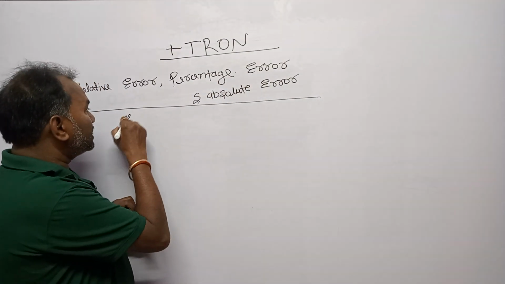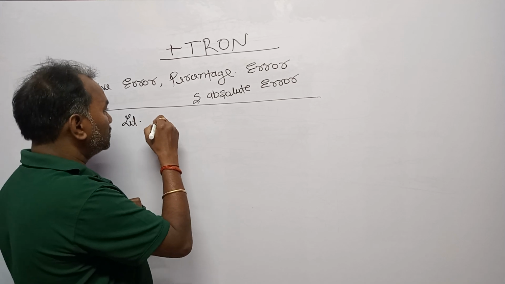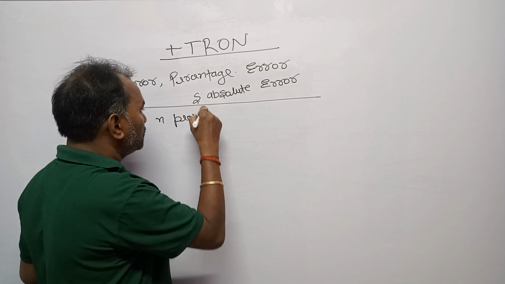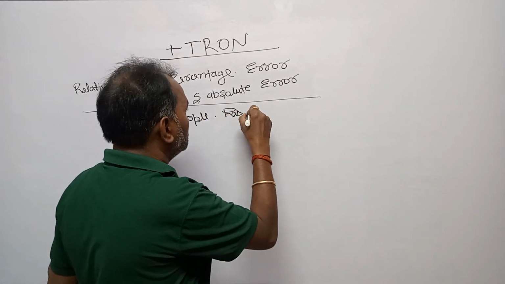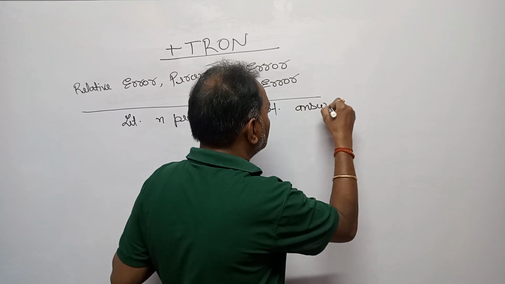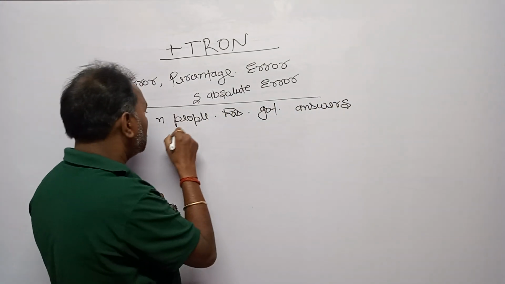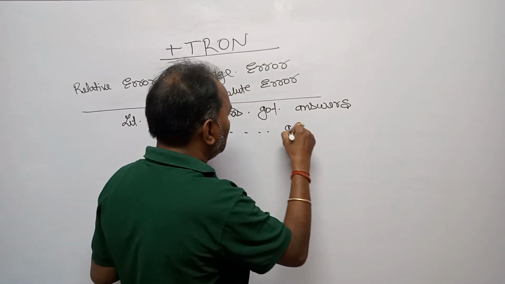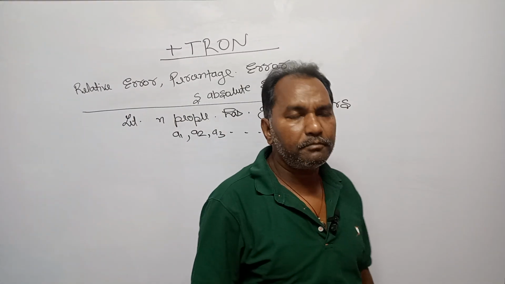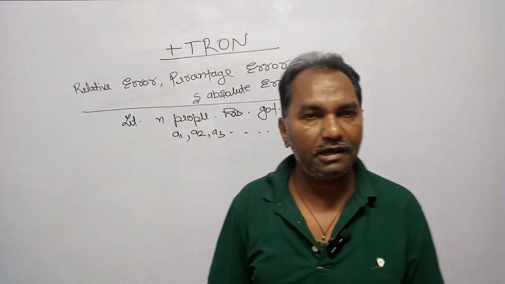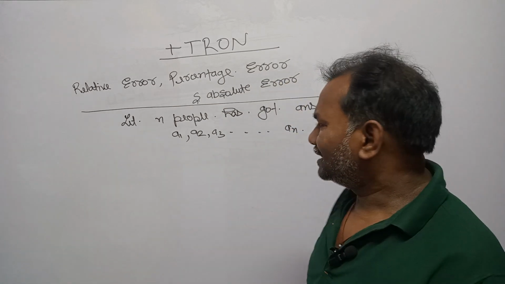Let n people carry out an experiment and get the answers A1, A2, A3, up to An.